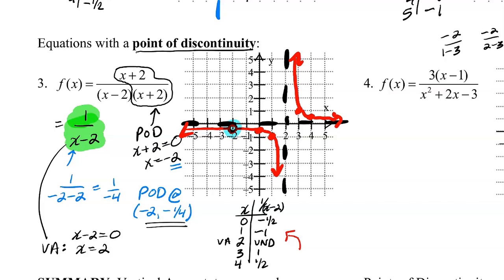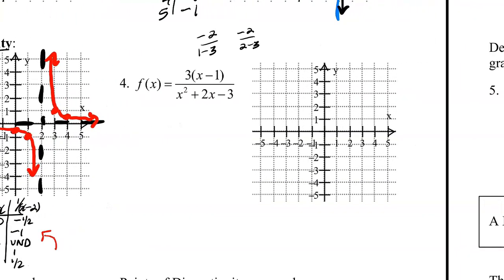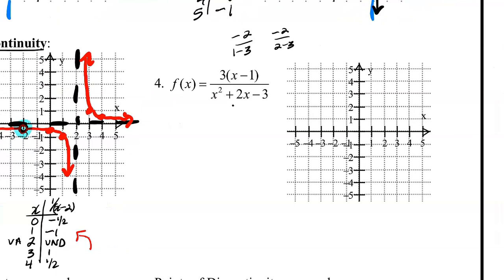So let's try another example so you can get used to the idea of points of discontinuity. Here we should factor the denominator first. When we factor, we would get a function that equals 3 times x minus 1 on the numerator still, and we would have x times x is x squared, and then a 3 and a 1 get us to 3, and we want a plus 3 and a -1.